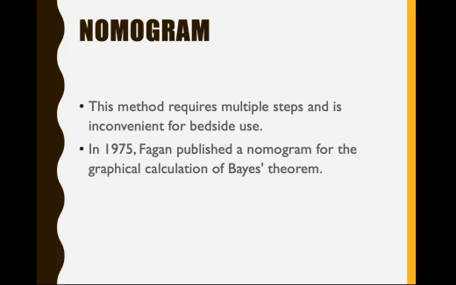Now, the method of Bayes' theorem that we talked about requires multiple steps. It is inconvenient for bedside use because it has a lot of steps and a lot of calculation. In 1975, Fagan published a nomogram for graphical calculation of Bayes' theorem.